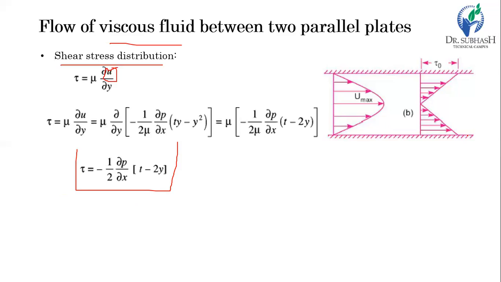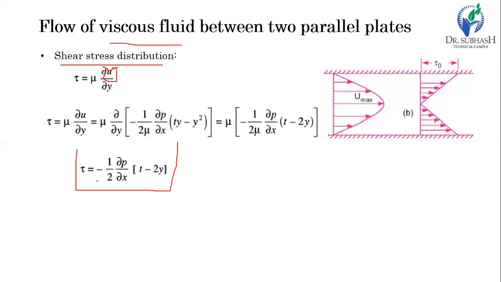As y increases, the value of tau decreases because of the negative sign, and it becomes 0 at the center when we put y equal to t by 2.